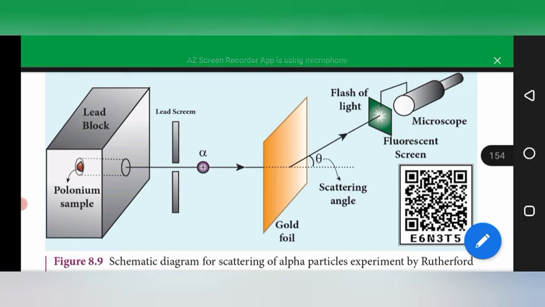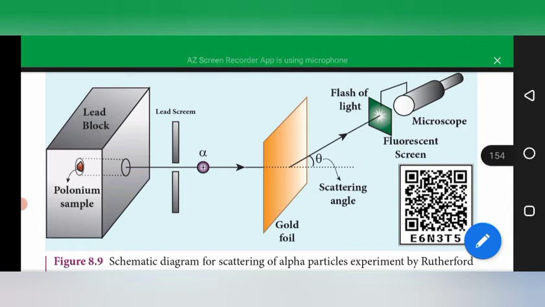In this experiment, Rutherford proposed an atom model from the results of the alpha scattering experiments. Alpha particles were allowed to fall on the metallic gold foil. The result is that most of the alpha particles went undeflected through the gold foil, in a straight line.